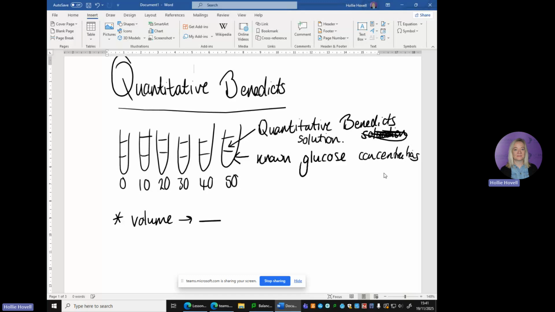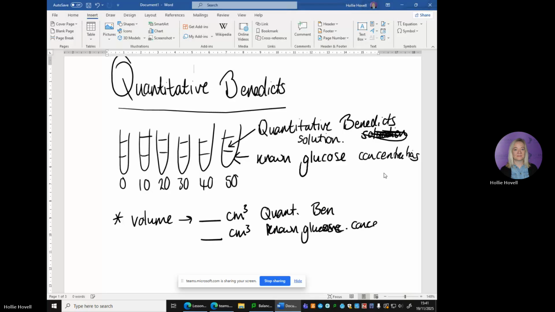So you use this many centimetre cubed of quantitative Benedict's, and you use this many centimetre cubed of the known glucose concentrations. So then how did you make sure that you controlled those volumes there?